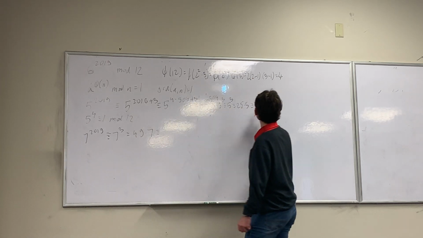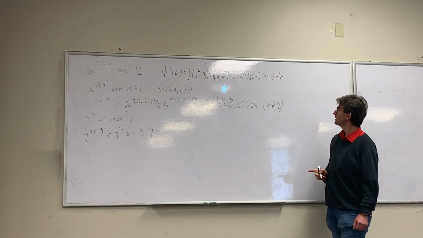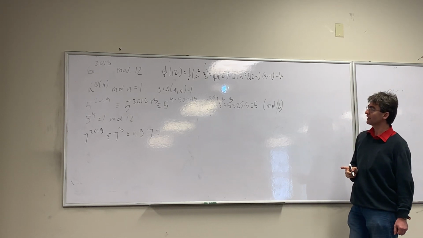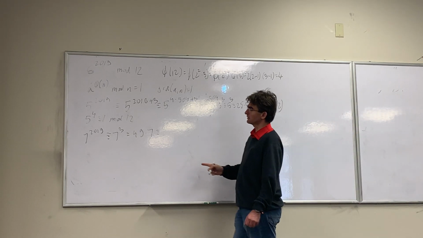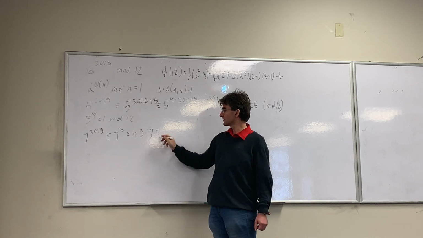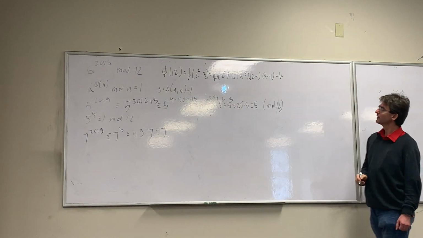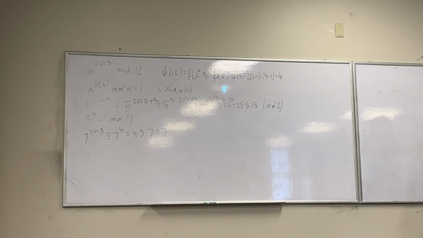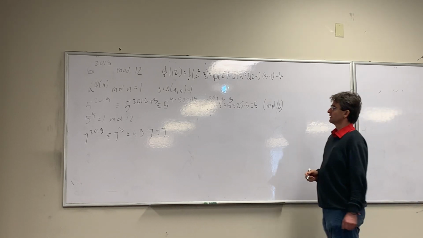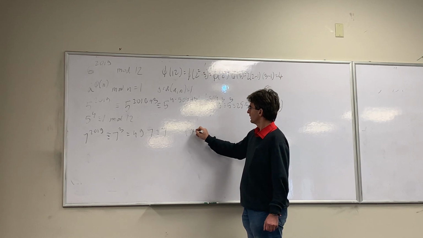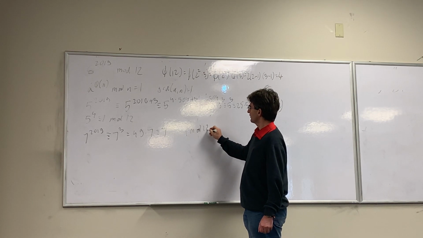Now 49 mod 12 is 48 plus 1. It's again a 1. So it's 7 mod 12.